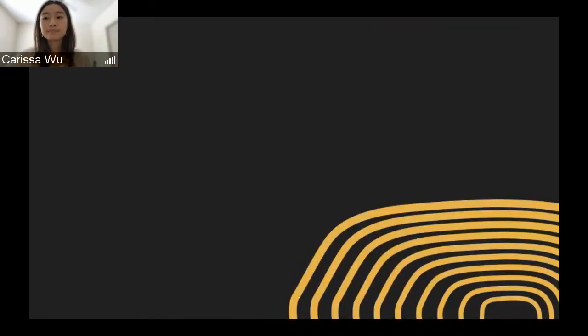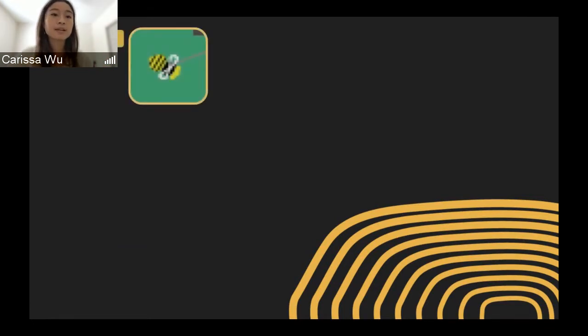So, let's take a look at the different states that the bees can be in. The first one is just a regular yellow honeybee. This is a bee that is susceptible to deformed wing virus. It is susceptible to being latched onto by a mite.